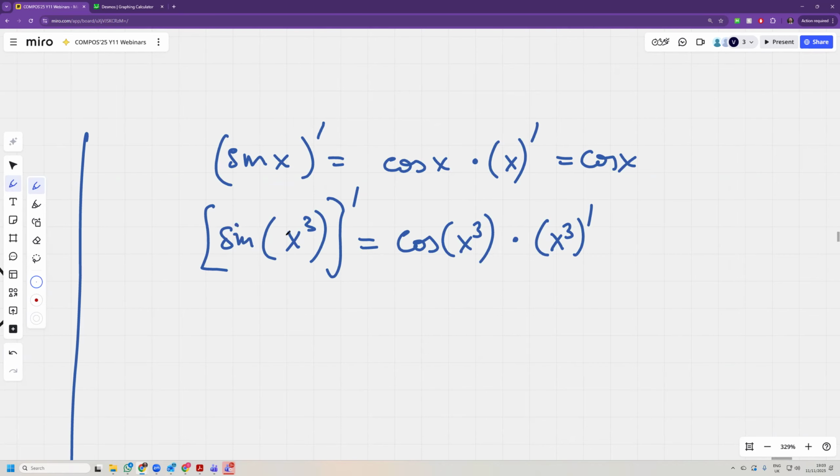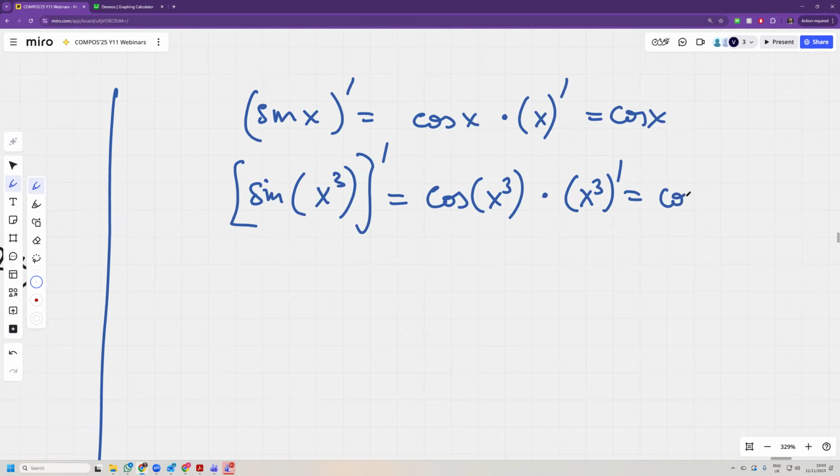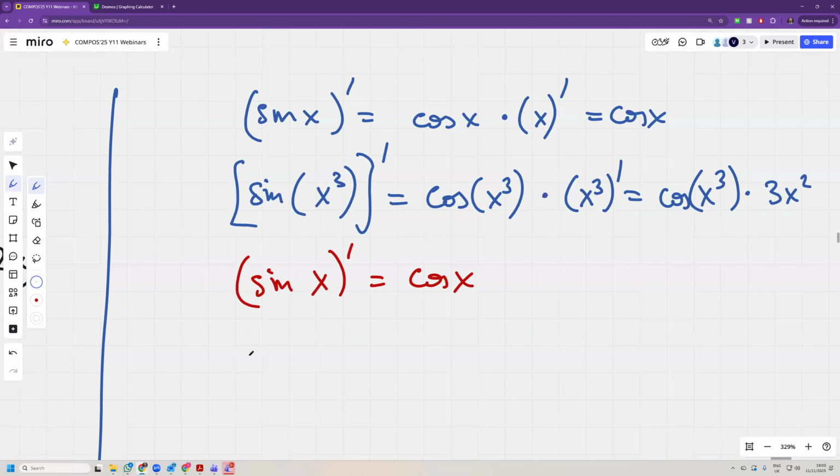So you can think of it this way: that's cosine x cubed multiplied by 3x squared. Sine of x, the derivative of sine x is cosine x. But the derivative of sine g is cosine g multiplied by g dash.